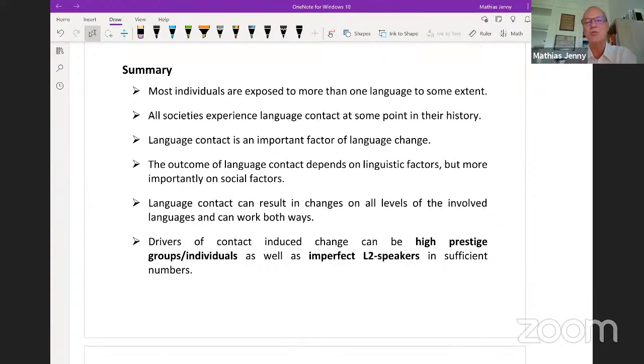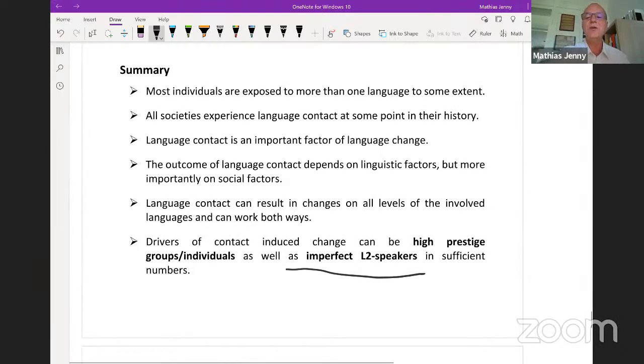So they may be important drivers of language change. Or, and this is very often not taken into consideration, big numbers of L2 speakers, of second language speakers, who don't speak the language perfectly, maybe. They may cause the language to change.